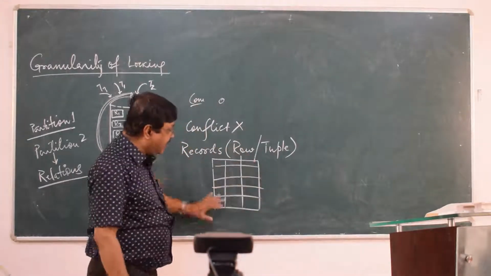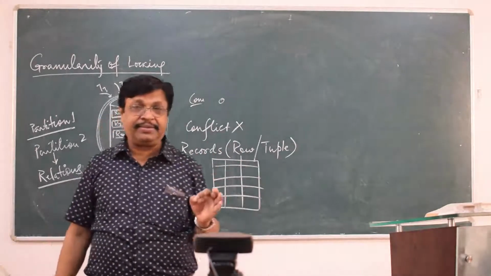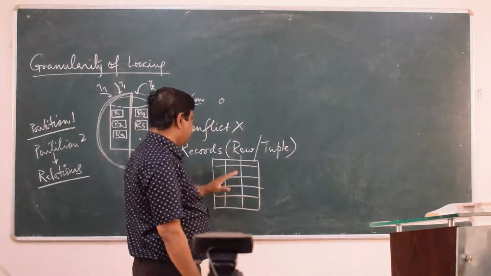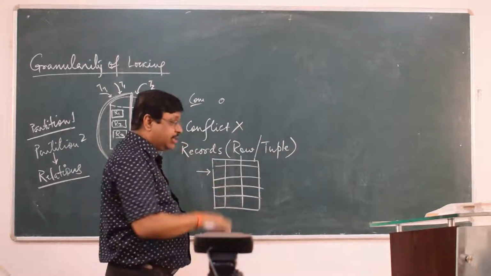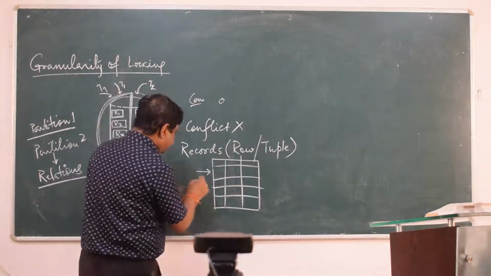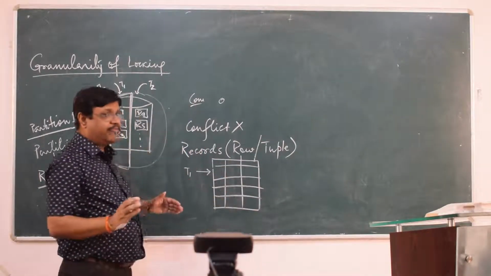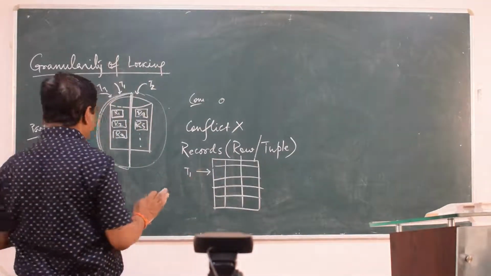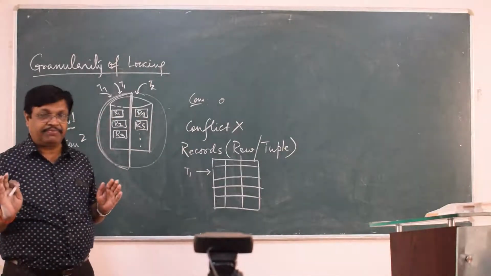If we lock the entire relation, no other transaction would be able to access a single data item from this relation. So we don't lock now the entire relation, rather we lock a particular row, that is record, or that is tuple. It means if a transaction T1 locks this row, other rows are unlocked. They are free for accessibility by other transactions. Fine?